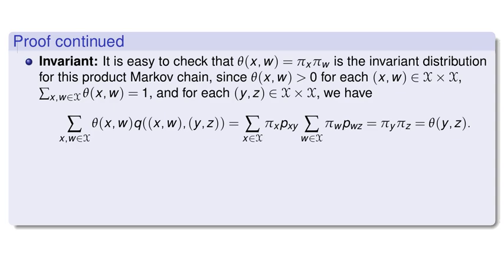And for each pair (y,z) in 𝒳 × 𝒳, we have the sum over (x,w) in 𝒳 × 𝒳 of θ(x,w) times Q((x,w),(y,z)) equals the sum over x in 𝒳 of π_x p_xy times the sum over w in 𝒳 of π_w p_wz. This product is π_y times π_z, which is θ(y,z), confirming invariance.